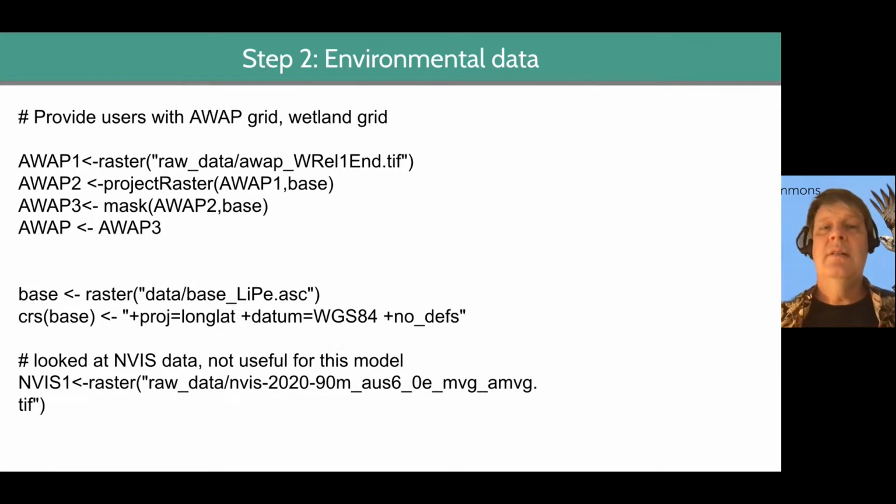If you need to watch that, that's in step 1 at the beginning of that video. But you need to set your working directory. And within your working directory, you'll have this folder called raw data and this file with this name in it. And you can grab that off our website, both the folder and the file. And this is just an example of how to bring a file into your local environment and make it a raster. So it's just reading in your TIFF file.